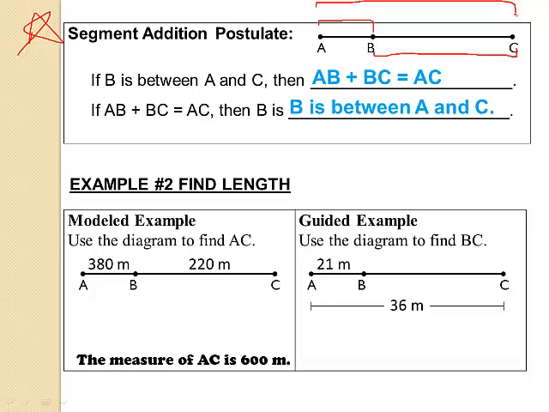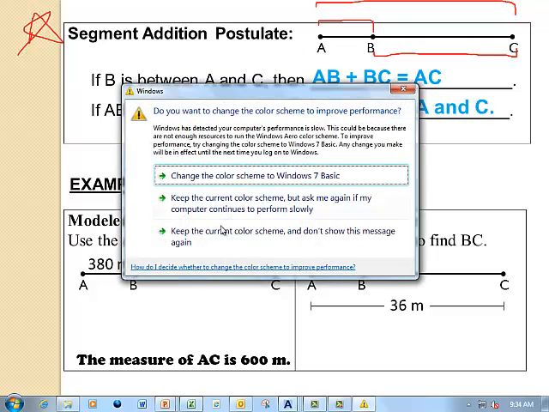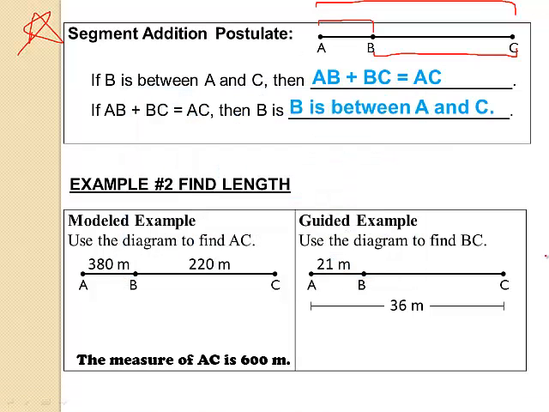So in the model example, it says use the diagram to find AC's length. And I know for a fact everybody's looking at this and it says the measure of AC is 600 meters. And that's exactly right. It's a very easy question, but in order to understand abstract thought, what you have to do is to make sure that you can apply it to easier examples.